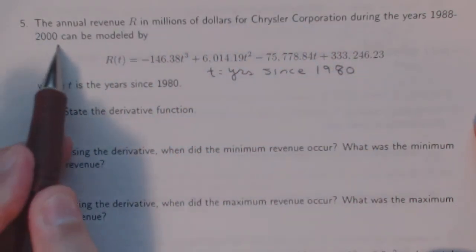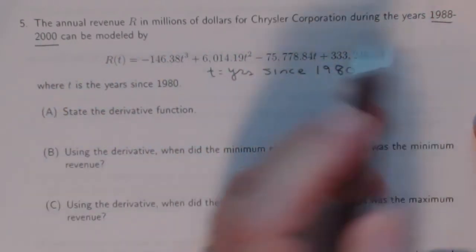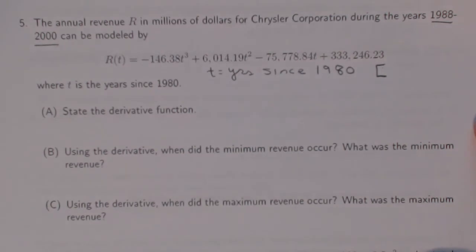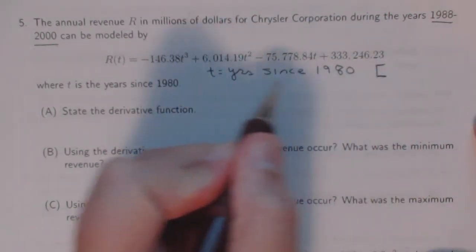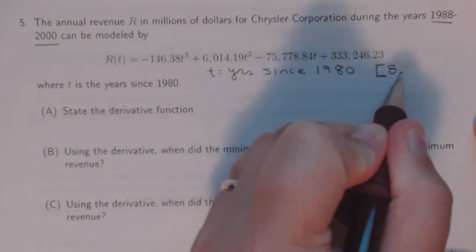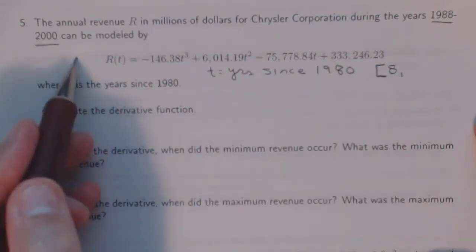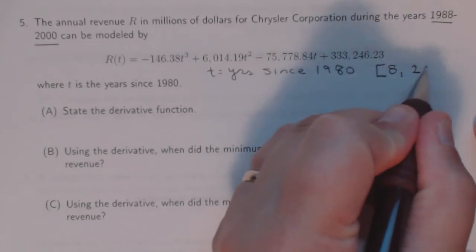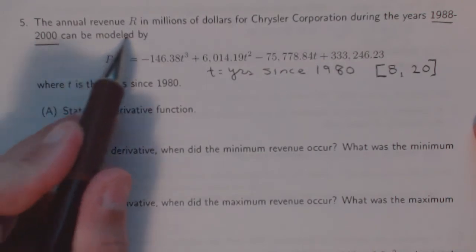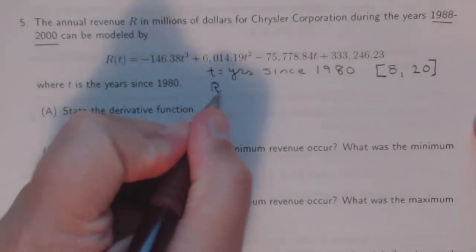But we have a closed interval here where we're only talking about the years 1988 to 2000. So if T is years since 1980, that would be T is 8 to 20. And that's the closed interval that we are going to be looking at. R is in millions of dollars.